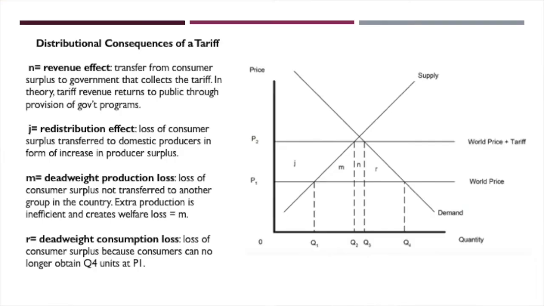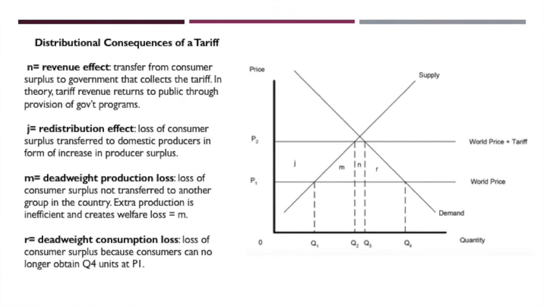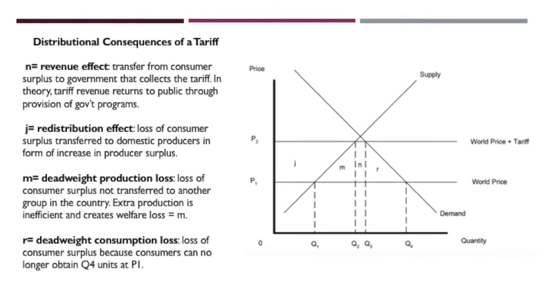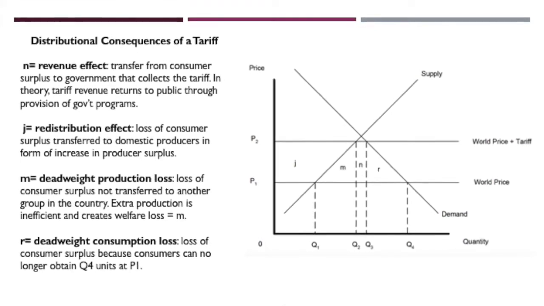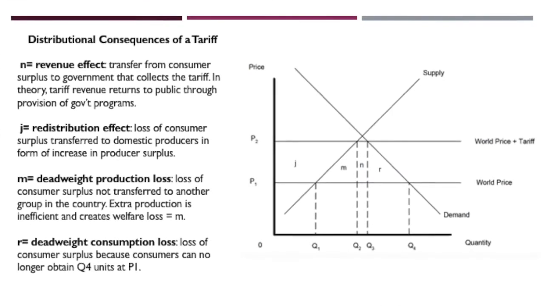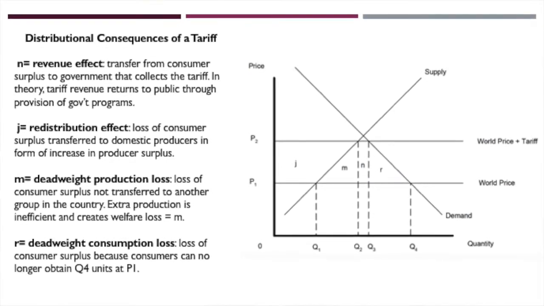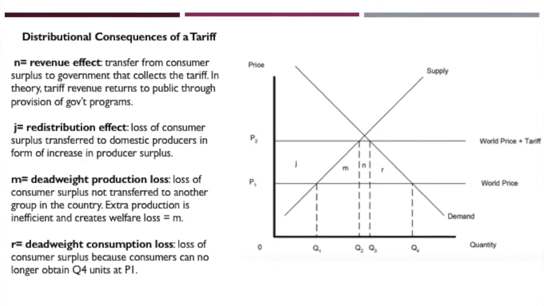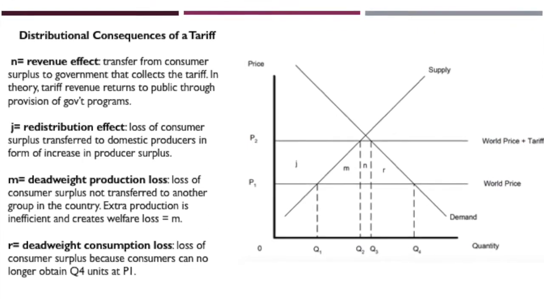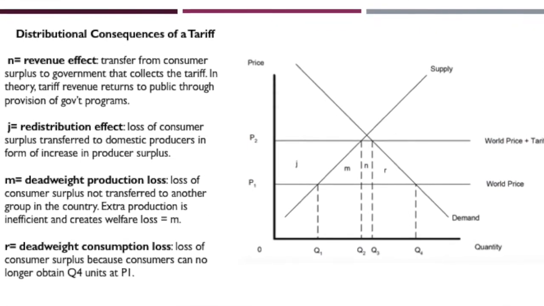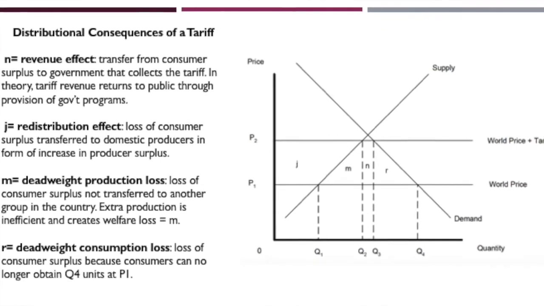What about area M? Well, area M is what they call a deadweight production loss. This is because the tariff has incentivized inefficient production. We do not produce in our domestic economy the most efficient widgets or the most efficient products that we used to source from other countries under free trade.